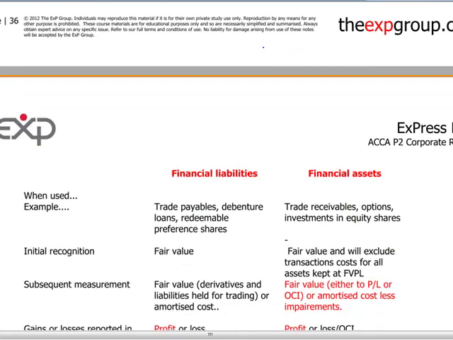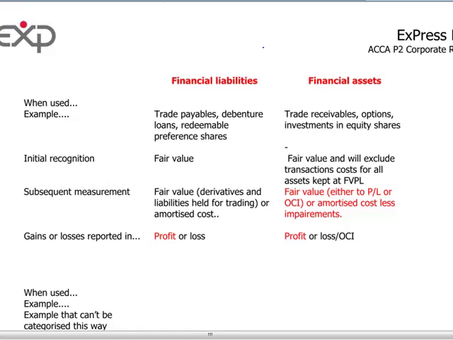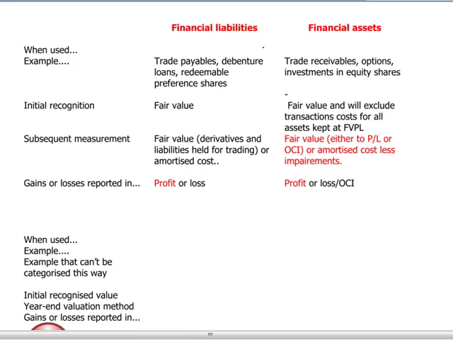And then we'll talk about hedge accounting and how this will actually differ if we are talking about a fair value hedge or a cash flow hedge.